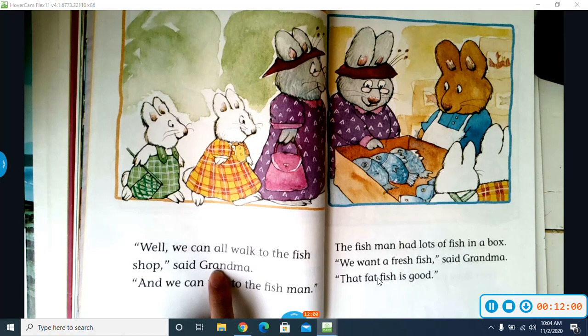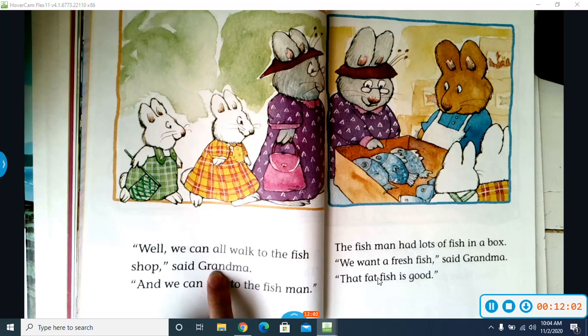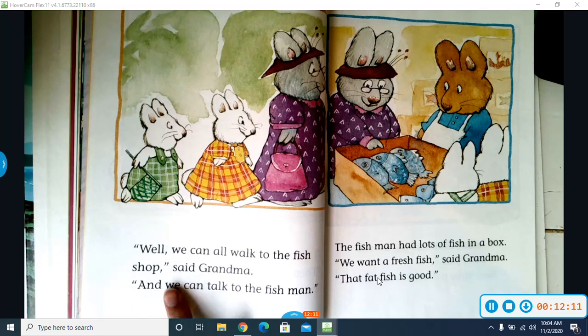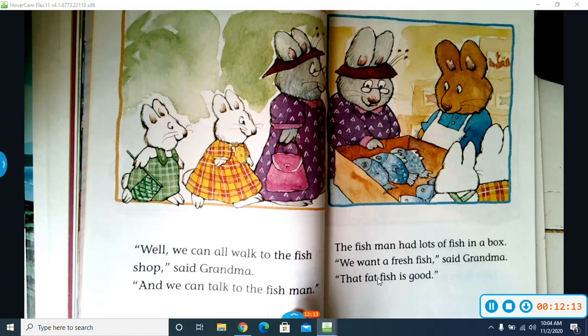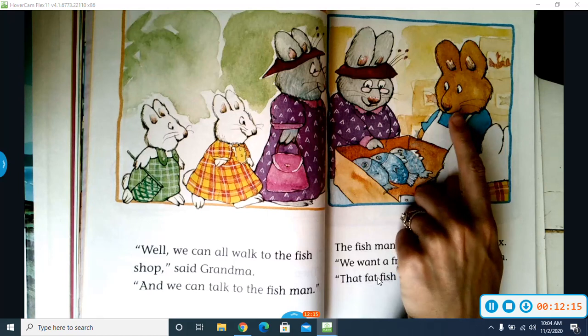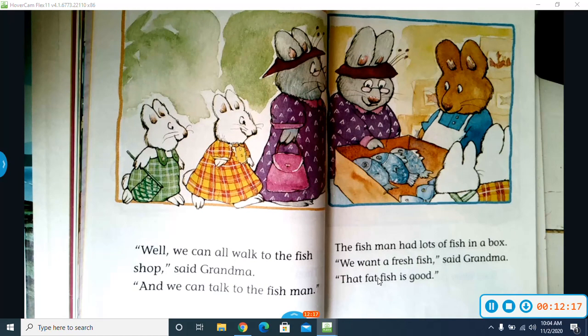So their problem here, they weren't catching any fish, right? Grandma has a solution. What is Grandma's solution? They're going to go to the fish shop. And we can talk to the fish man. Here's the fish man. Let's see what happens when they're at the shop.